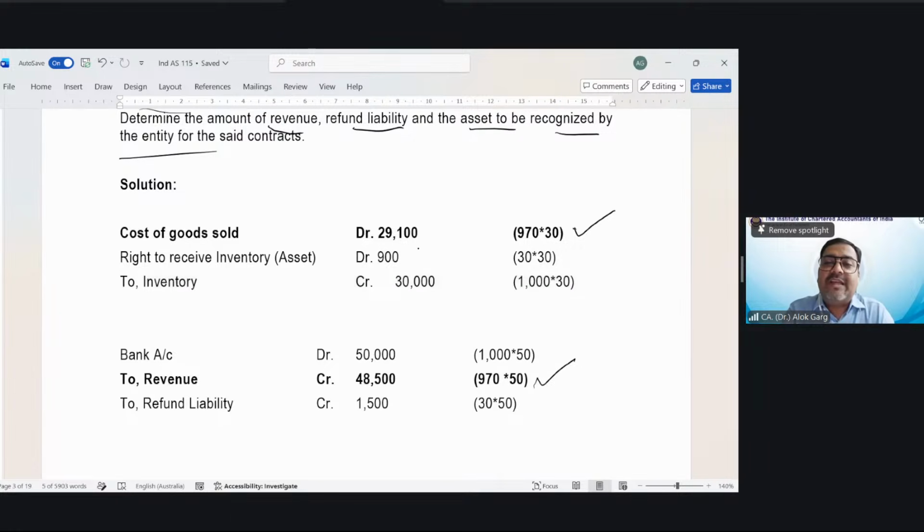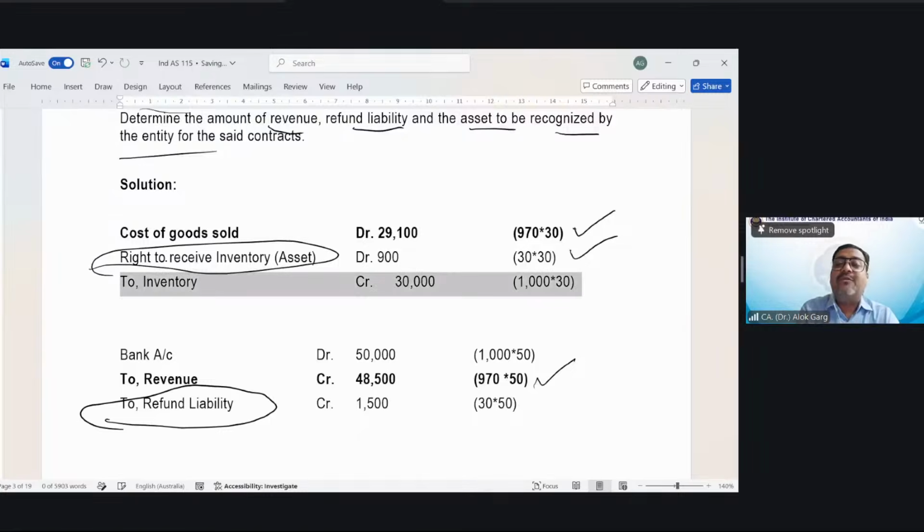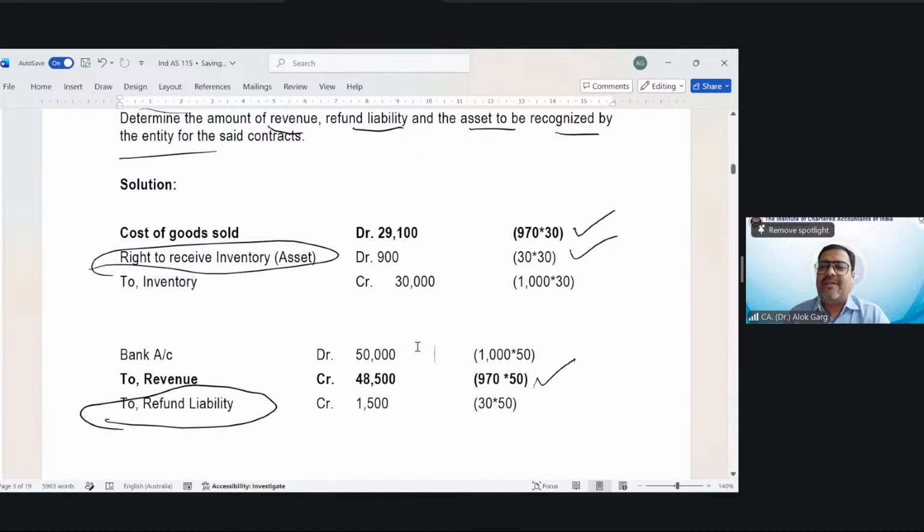The differential 900, where will it go? Right to recover inventory asset. You remember, you recognized a refund liability, right? Likewise, you have to recognize a right to recover asset, which is inventory. So this is what the accounting entry is all about, my dear friends.